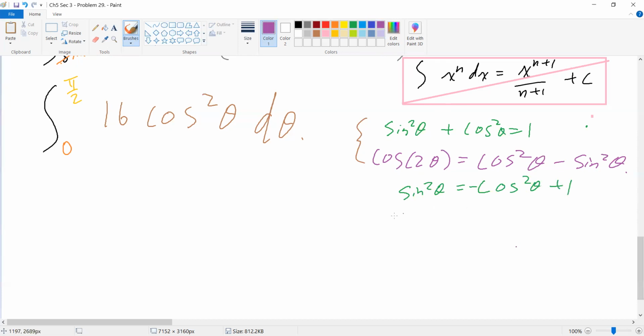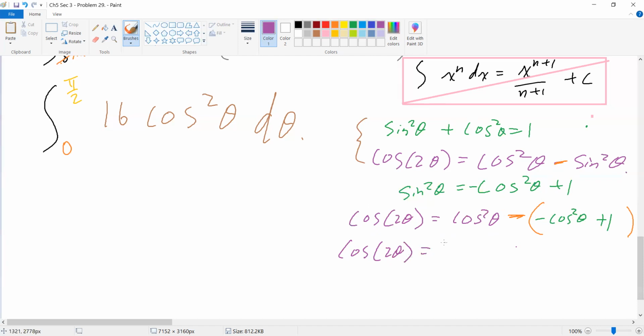So then I can do the substitution now. I have cosine of 2 theta is equal to cosine squared of theta, and then minus. I have to be very careful with this minus here. I'll draw a little parentheses so we understand I've got to do some distribution later. Minus the cosine squared of theta plus 1. Then we have cosine of 2 theta is equal to cosine squared of theta.